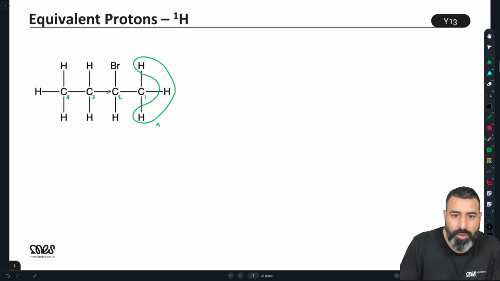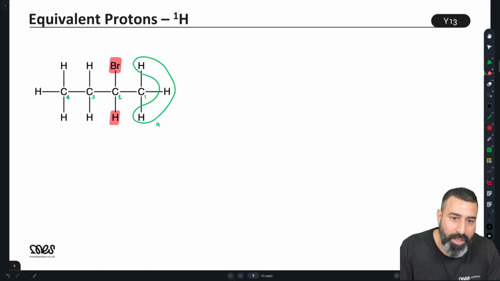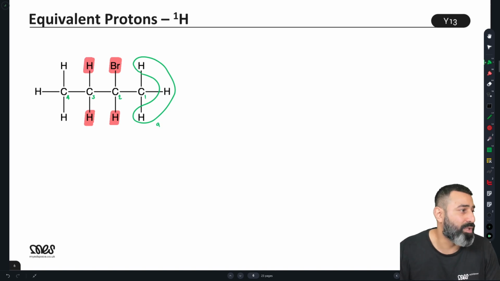So if I go next door to this carbon, carbon number 2, I have a CH there. Well, look, that CH is next to a Br. If I go next door, this CH is next to an H. So are these guys the same? Let's look at their neighbors. This CH is next to a Br, whereas if we go to the CH next to it, it's next to an H. So are these guys the same or different?